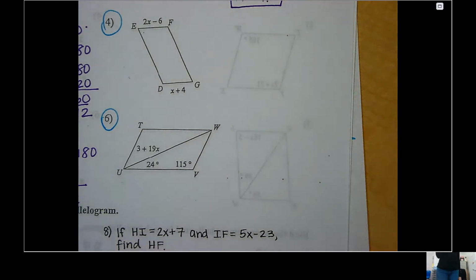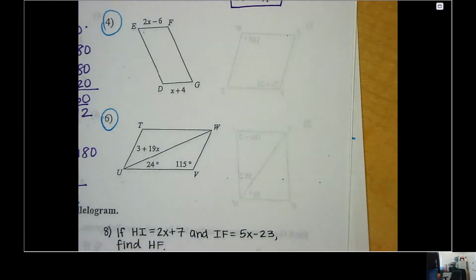See another minute, and I'm going to need 2 people to come up to the board, 1 for 4 and 1 for 6.